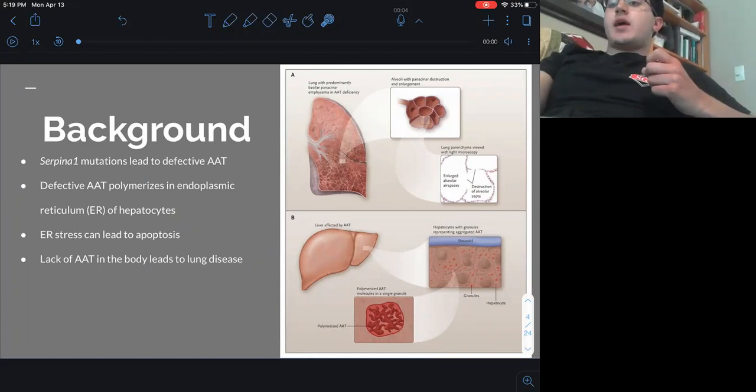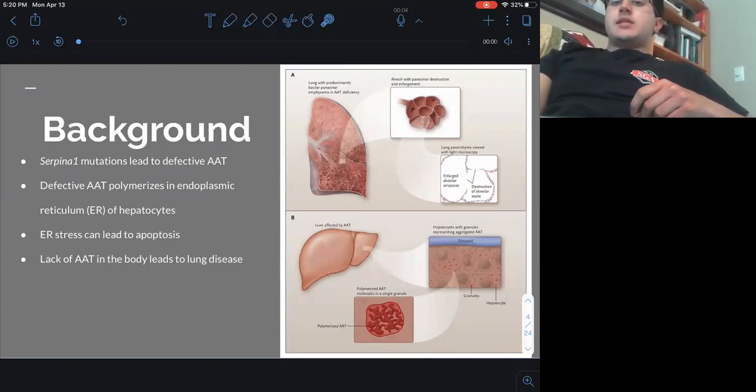So you can see on the lower half of that graphic that those red clusters are little granules of polymerized AAT that are stuck in the endoplasmic reticulum of those hepatocytes. And so this can lead to endoplasmic reticulum stress, which can ultimately lead to apoptosis of those cells. And so it's not uncommon to see liver damage or cirrhosis of the liver with this deficiency.